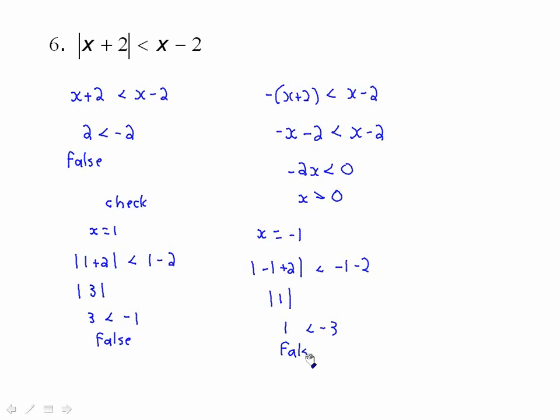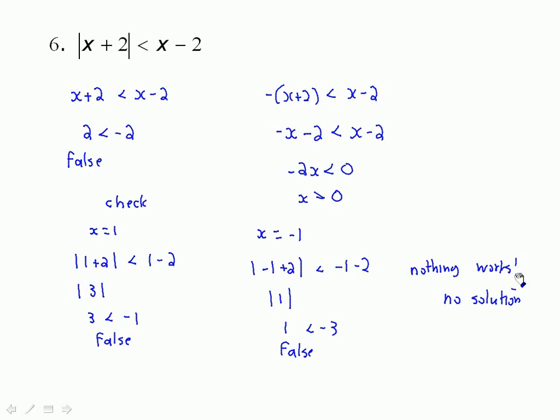So what's going to happen with this is that nothing works. There is no solution. There's no way that whatever number you put in for that x value, it's going to be greater on the left side than it is the right side. You can kind of tell by looking at the equation as well, x plus 2 and x minus 2.